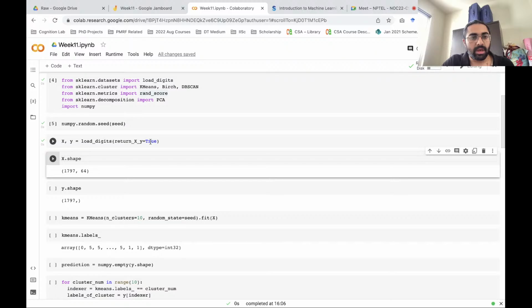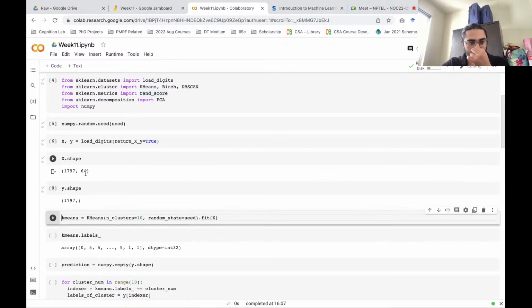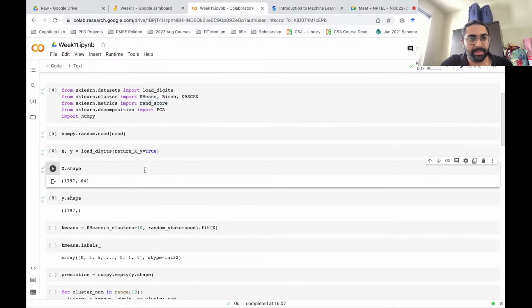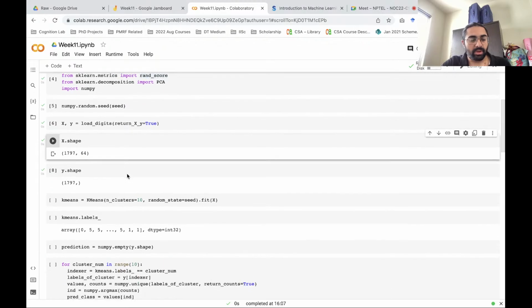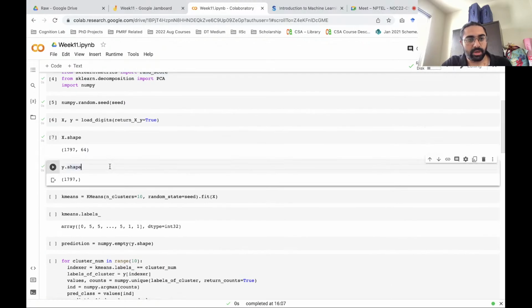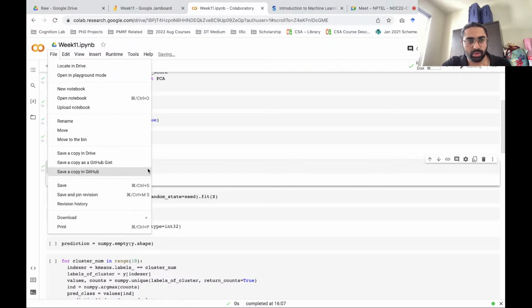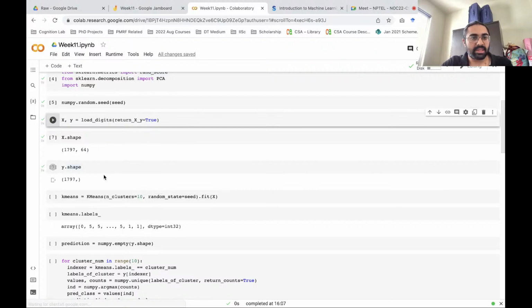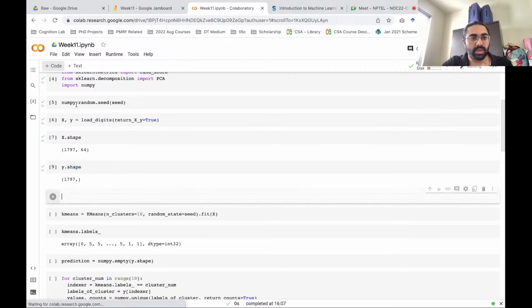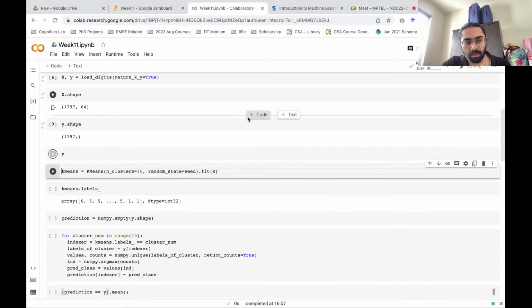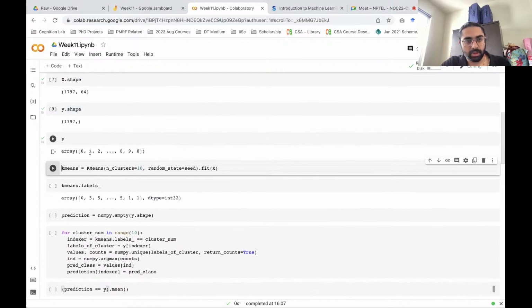All right. X, if you see, has 1797 samples and 64 features of this particular MNIST image. The y shape is going to tell you what class each one belongs to. So for example, if you were to view this, you have numbers from 0 to 9.